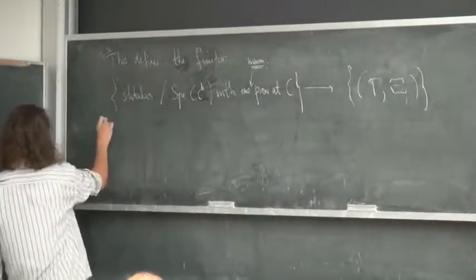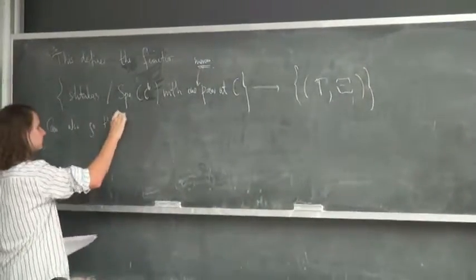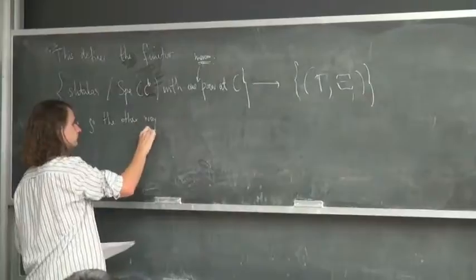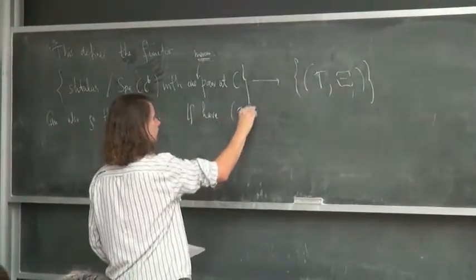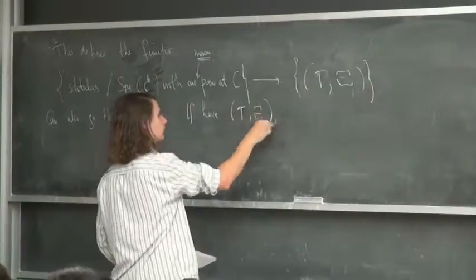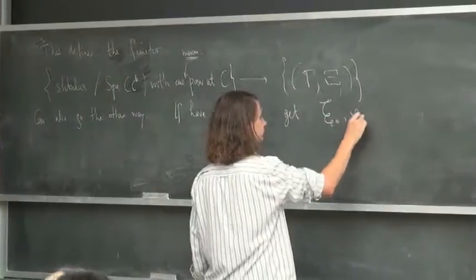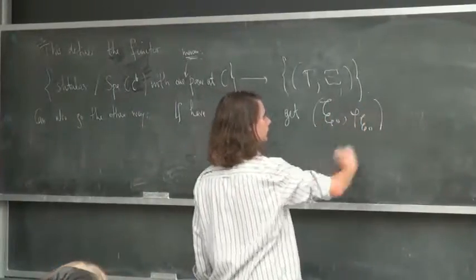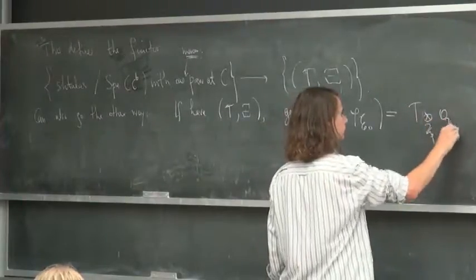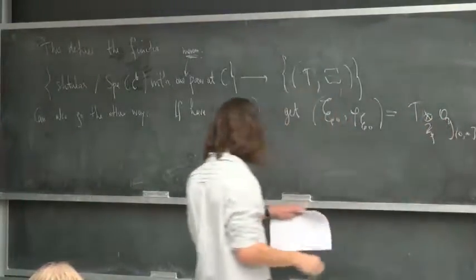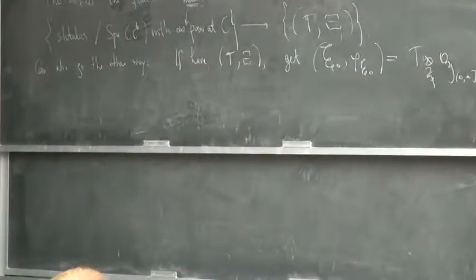So we get the E0, phi E0, which is just this thing.